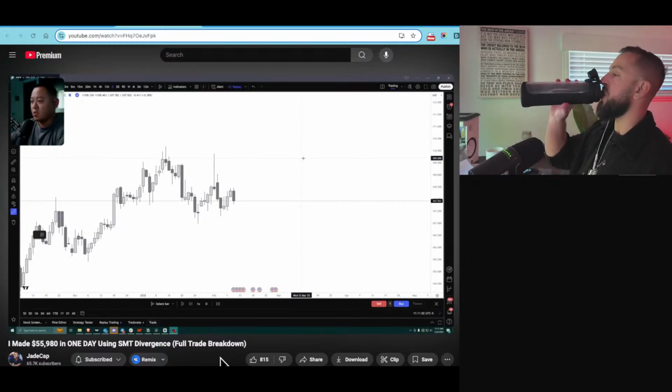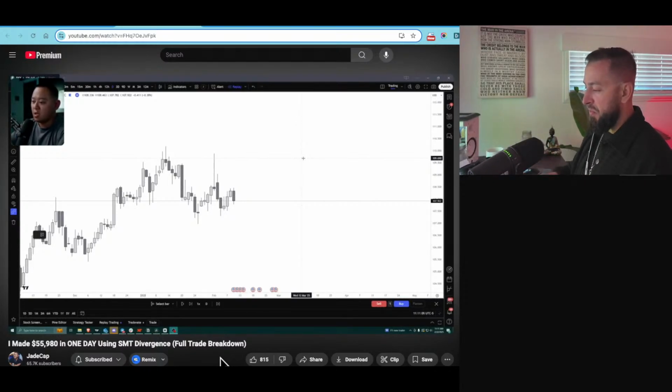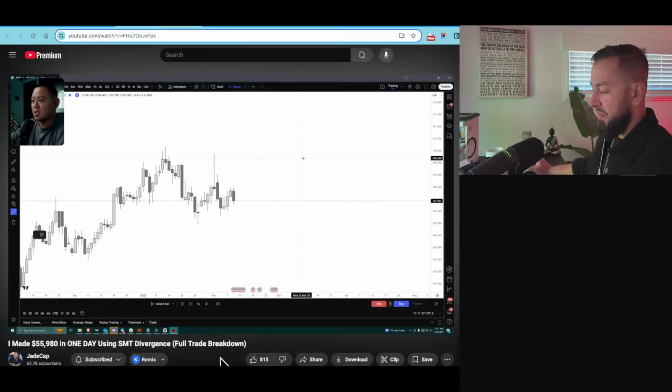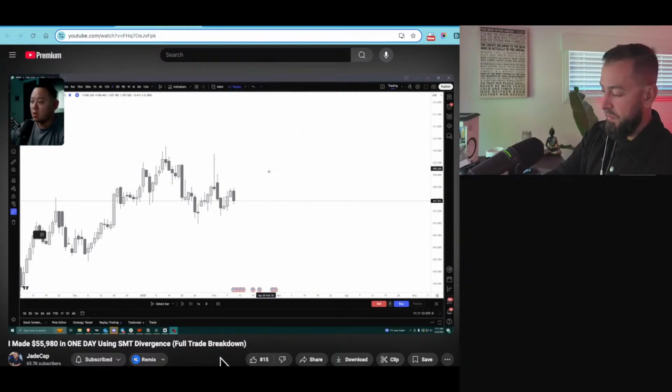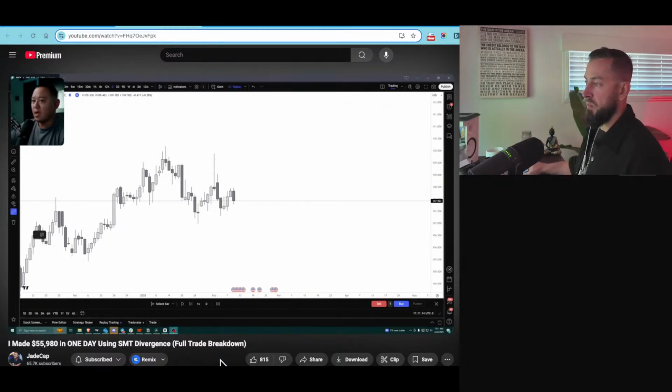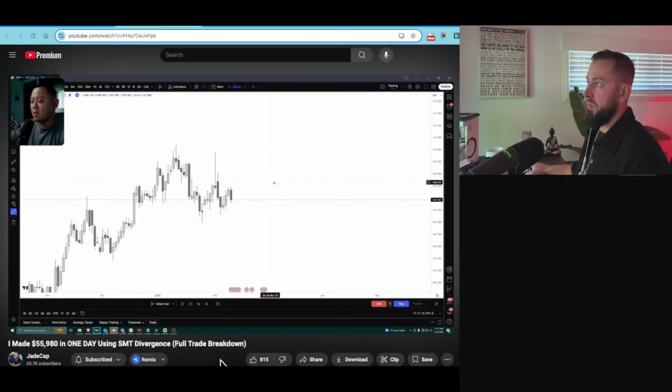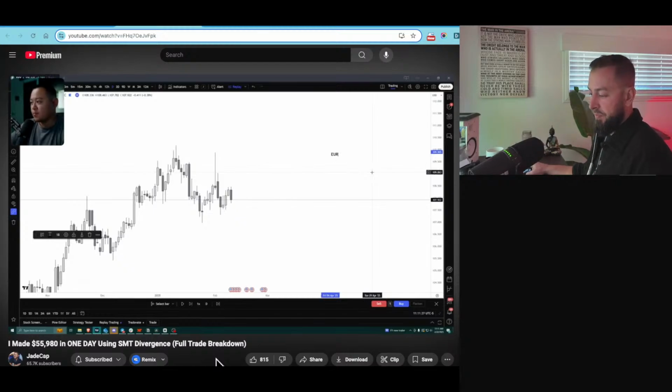SMT divergence, in simple terms, is really gauging two correlated or inversely correlated assets, whether they are strong versus weak. So we're talking about relative strength and weakness across two correlated or inversely correlated assets. Now, for the purposes of this video and trade breakdown, I'm going to be talking about the dollar against the euro, because that's the trade that I took, but this will also work with index markets. So for this example, we've got the euro dollar.